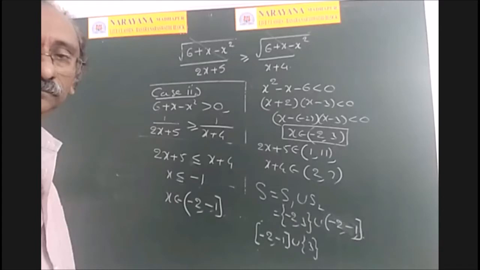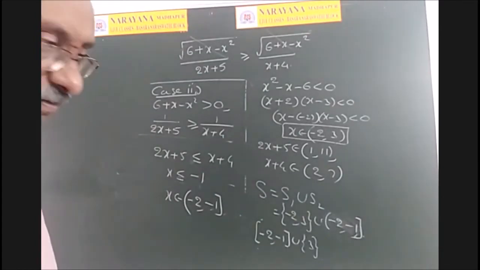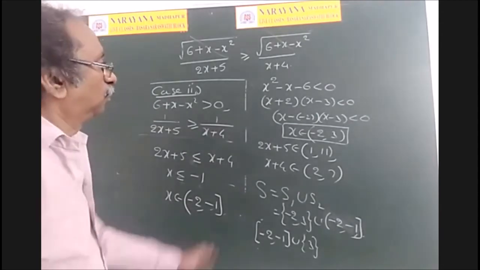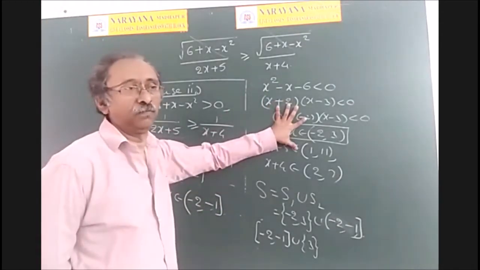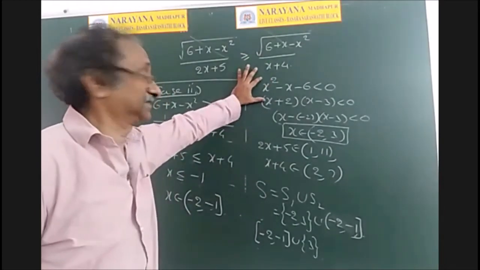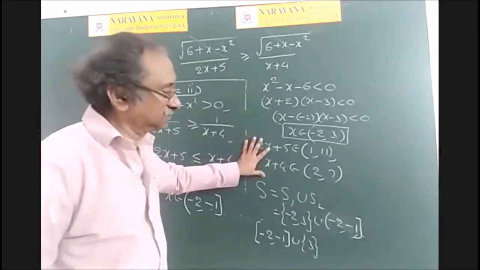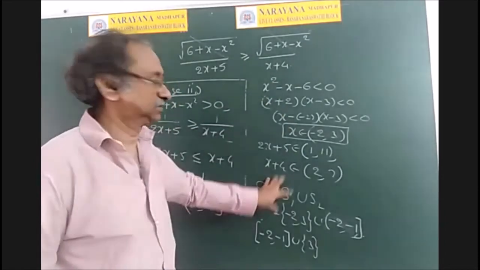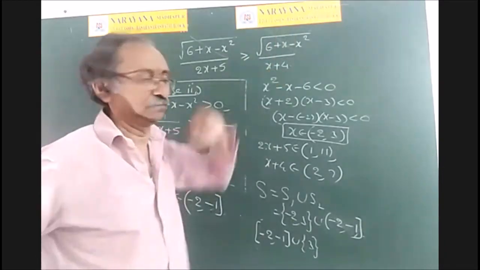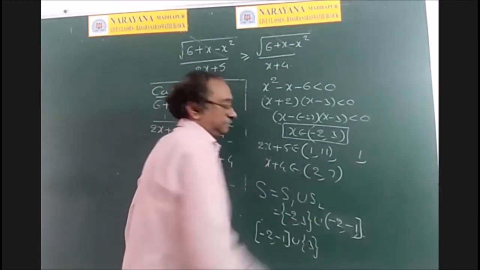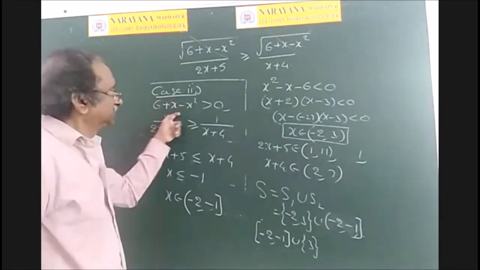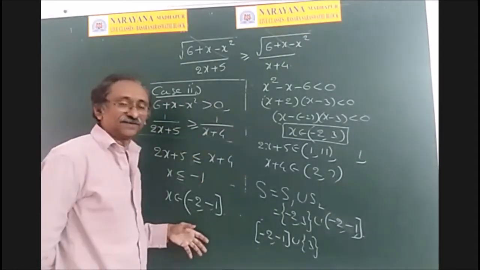So how to know, sir, that in the final solution we have to take union or intersection? What is meant by case 1? When 6 plus x minus x square is equal to 0, we are finding the solutions, and those solutions definitely satisfy that inequality. Suppose that solution is 1. And case 2, when this is greater than 0, we are getting some solutions.